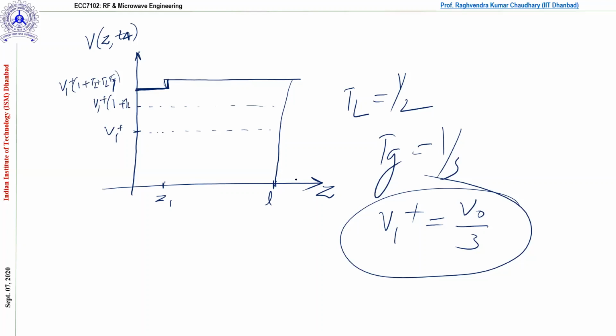And please try to draw the current distribution at a particular location, let's say Z1 again, and try to draw that graph. This is really very important. I'm not going to cover these things. I'm expecting that you will do it, because this is almost the same as what we performed today. So this is your assignment. Please try to do it.